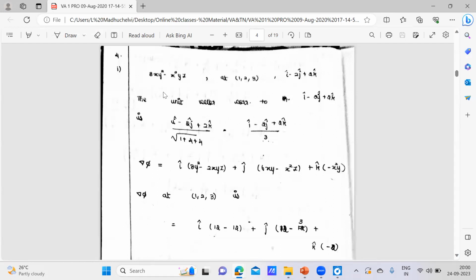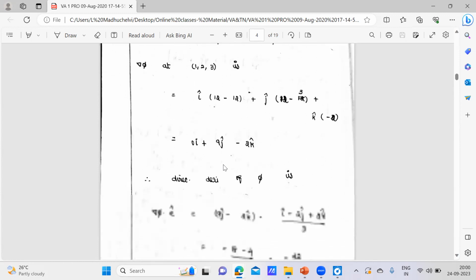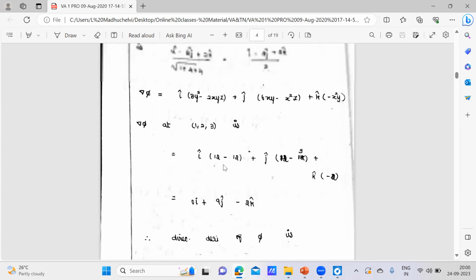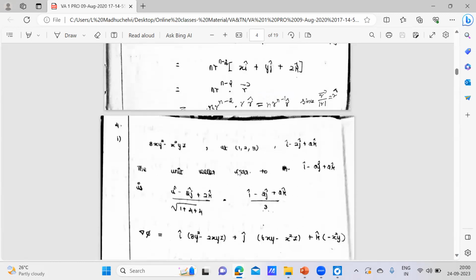Find the directional derivative of phi given that phi is 8xy squared minus x squared yz at the point (1, 2, 3), in the direction specified by the vector i minus 2j plus 2k. Here we are going to apply the formula del phi dot e to find the directional derivative of phi, using that bookwork.